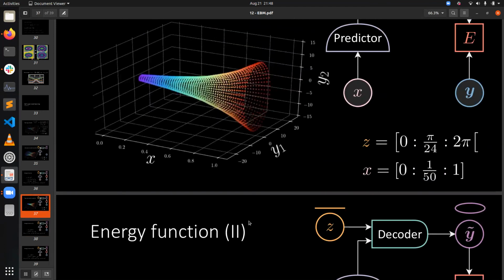So you can do it explicitly. Or he could have taken the example of a mixture of Gaussians. Here he simplified it to just be 2-dimensional, y1, y2.